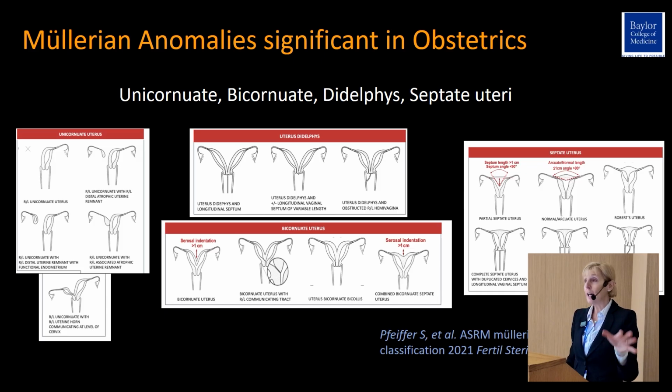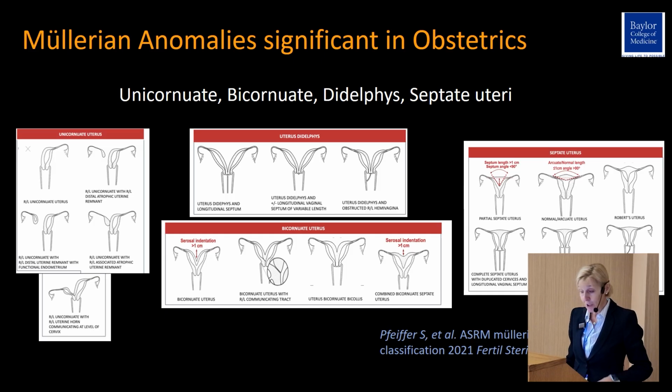But all the other Mullerian anomalies are important for the pediatric adolescent gynecologists that see these young patients, like the 17-year-old with cyclic pain and with other structural abnormalities that prevent even them from becoming pregnant.